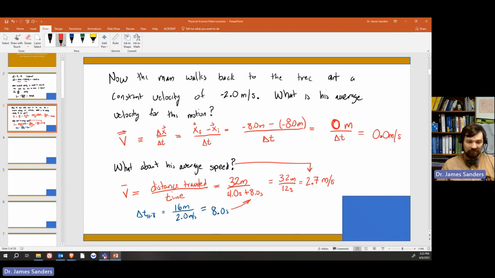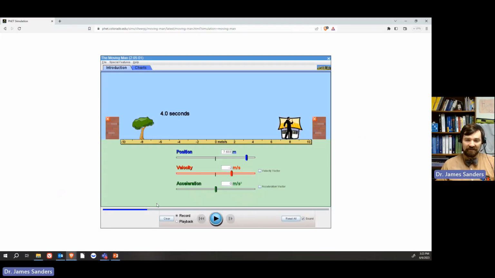Now we don't have a way with the simulation here to get his average speed. But we can check and see if we have to add another 8 seconds in order for him to get from this house back to this tree.